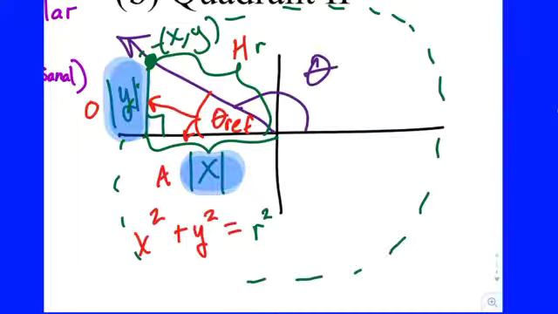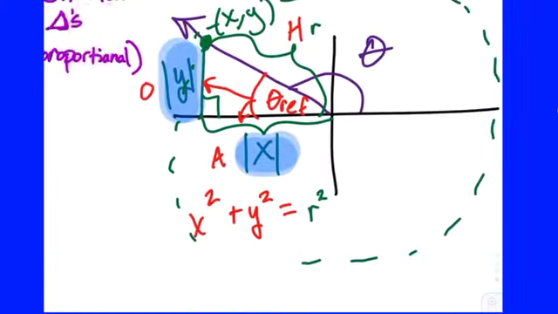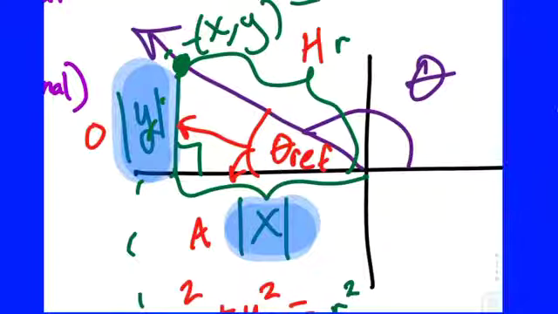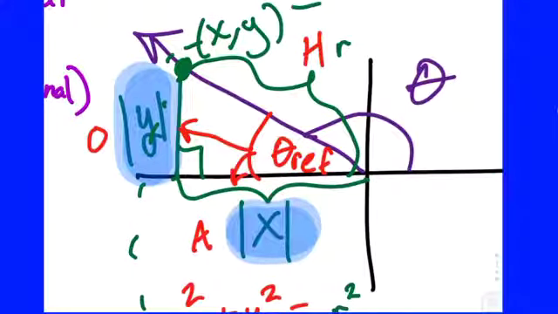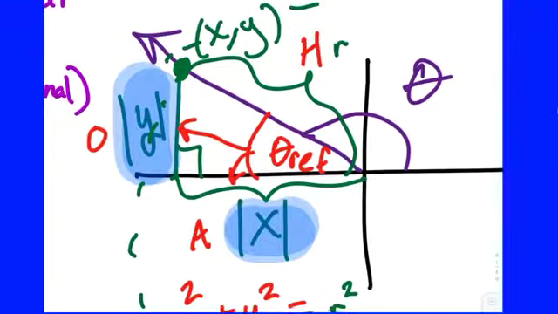These are, after all, called what type of trig functions we're developing? Circular, okay? So this is the Pythagorean theorem. X squared plus y squared equals r squared, the radius, which ends up being the hypotenuse of our reference triangle. And of course, we know how to find the reference angle here, right? It's 180 minus theta, or pi minus theta.